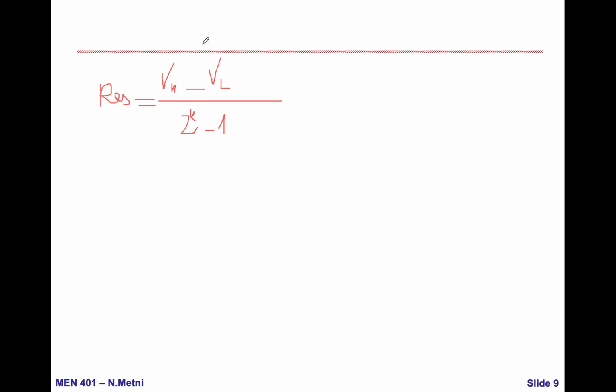So if I want to improve this resolution, improving this resolution means to minimize it. I have 3 options to minimize this resolution. The first option is to decrease V high.